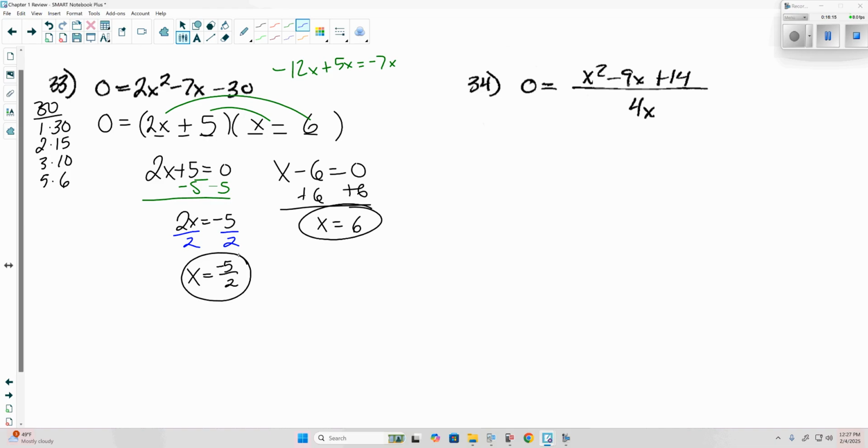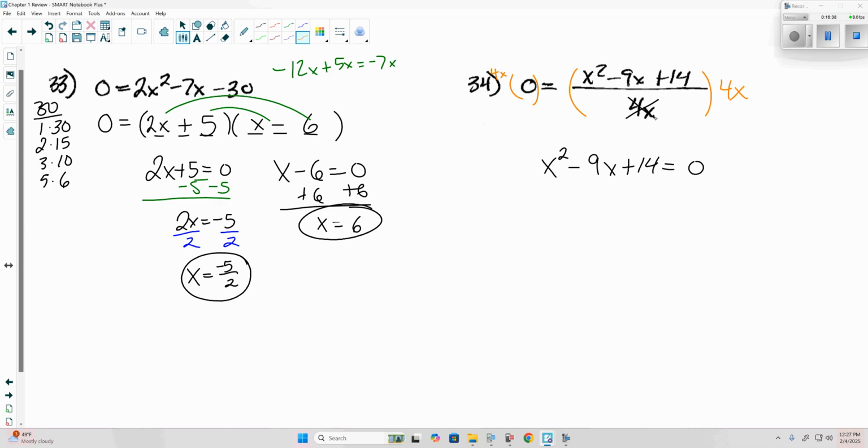34. x squared minus 9x plus 14 over 4x is equal to 0. And again, for this to be equal to 0, the numerator has to be equal to 0. Another way we can get at this is multiply both sides by 4x.